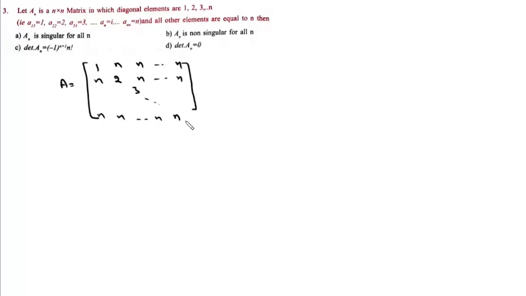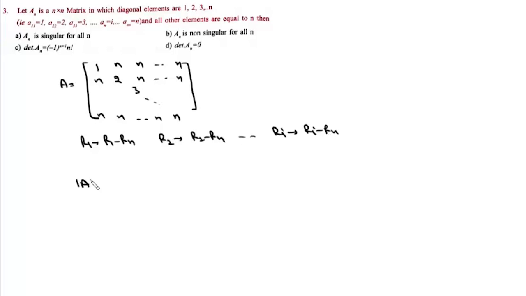Then which of the following options are correct? Now what we'll do is, we'll write R1 as R1 minus Rn, R2 as R2 minus Rn, in the same way Ri as Ri minus Rn till Rn minus 1.